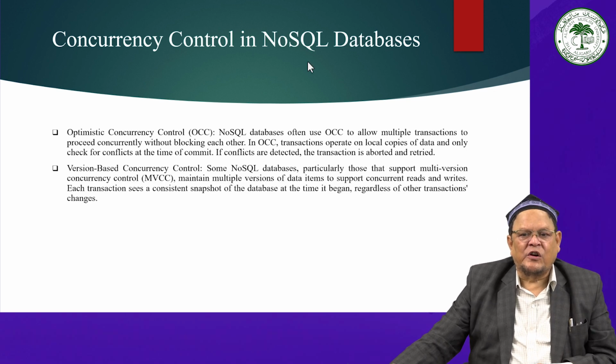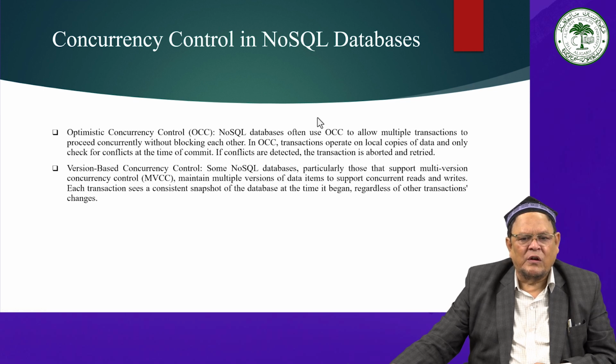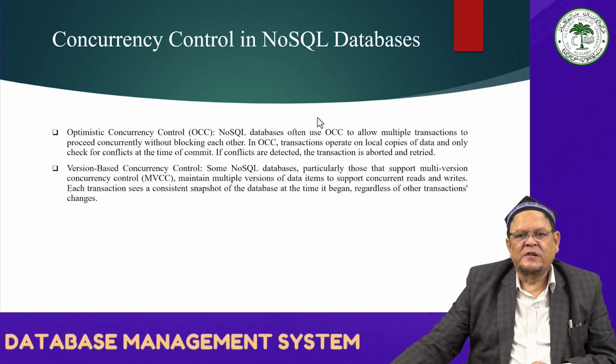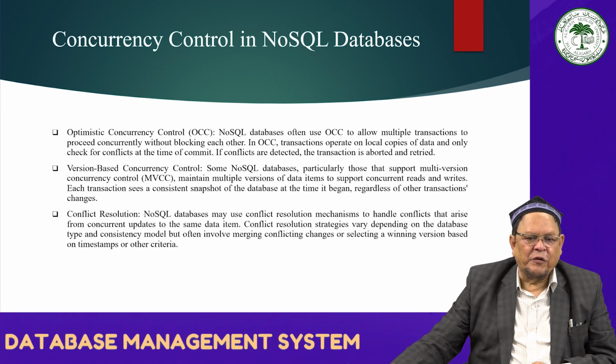Next, in concurrency control in NoSQL databases, version-based concurrency control. Some NoSQL databases, particularly those that support multi-version concurrency control, maintain multiple versions of a data item to support concurrent reads and writes. Then, conflict resolution.